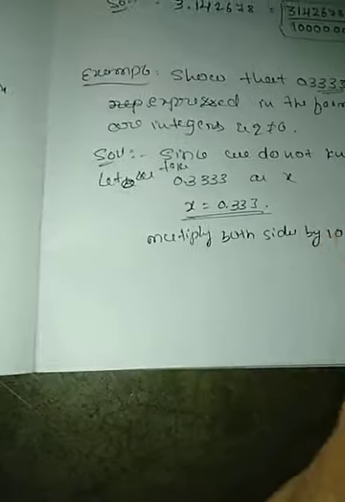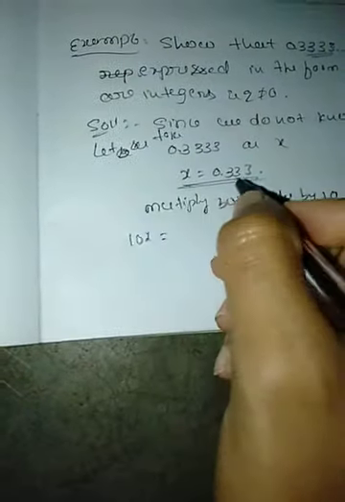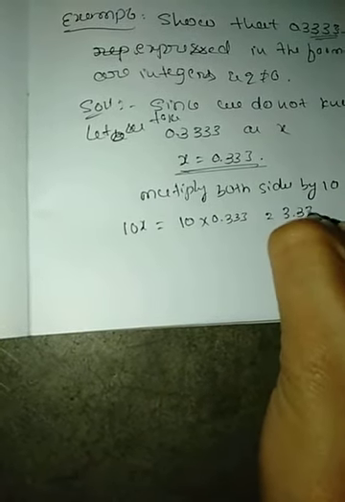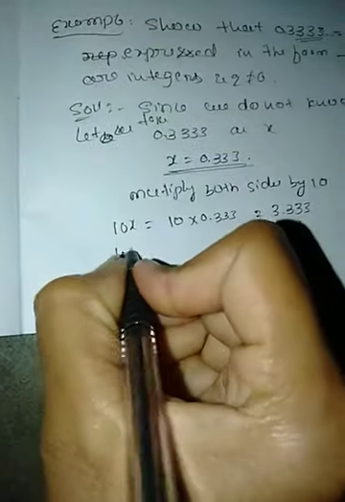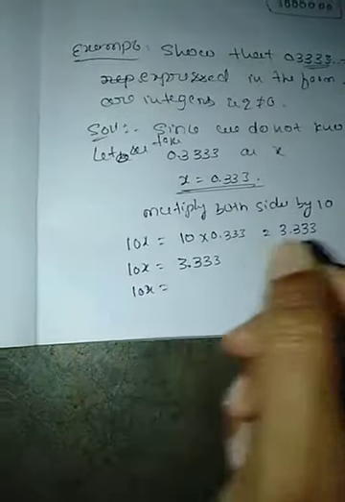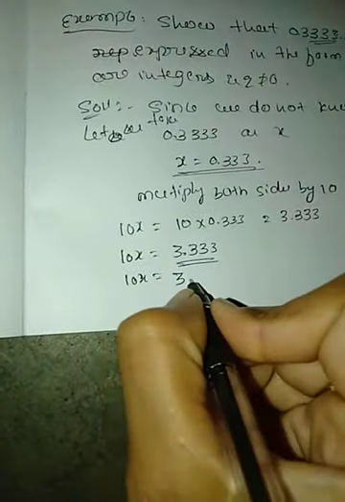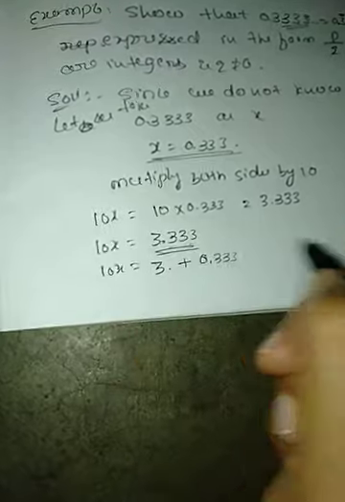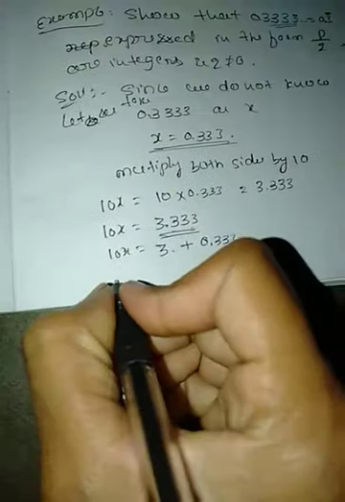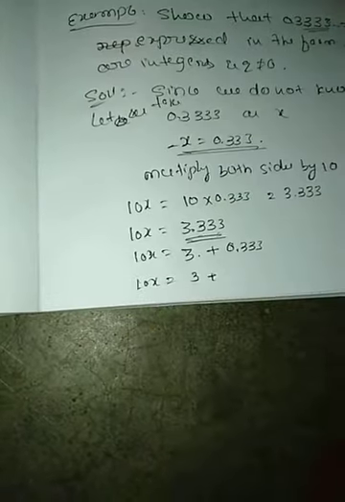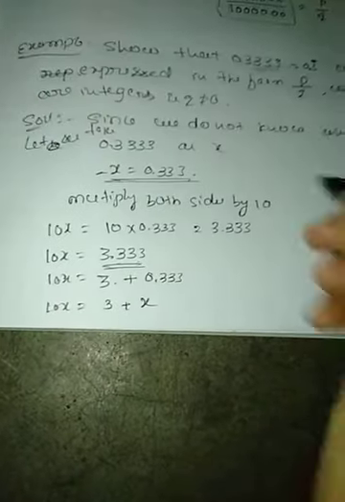When we multiply 10 on both sides, we get 10 into x, and 10 into 0.333 gives 3.333. So 10x is equal to 3.333. This can be written as 3 plus 0.333, so when we add these two numbers we get 3.333. See here, 10x is equal to 3 plus 0.333, which becomes x. So put x.